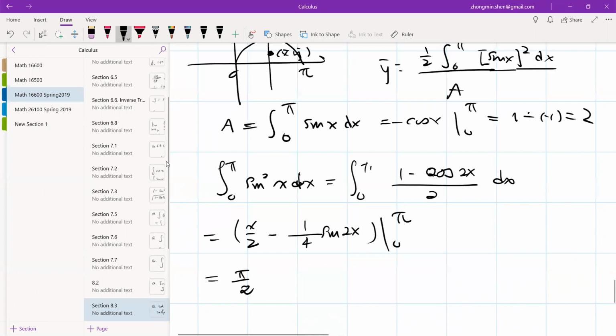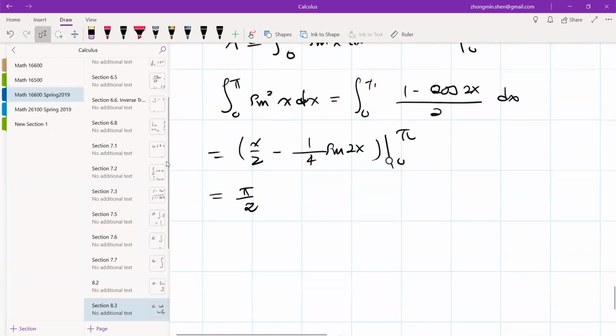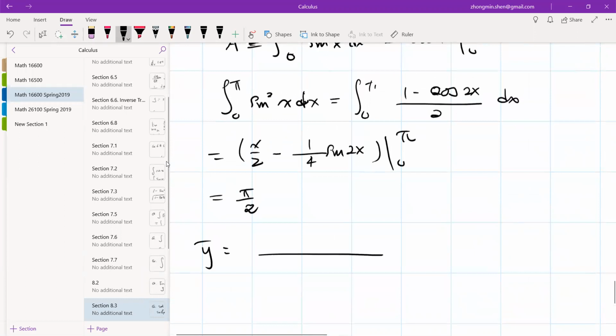All right, so now y bar is going to be half of the integral, which is half pi over 2, and divided by 2. Okay. So which is going to be pi over 8. Right? It's reasonable. When you get a number, you have to check whether it's reasonable or not. So this is pi.